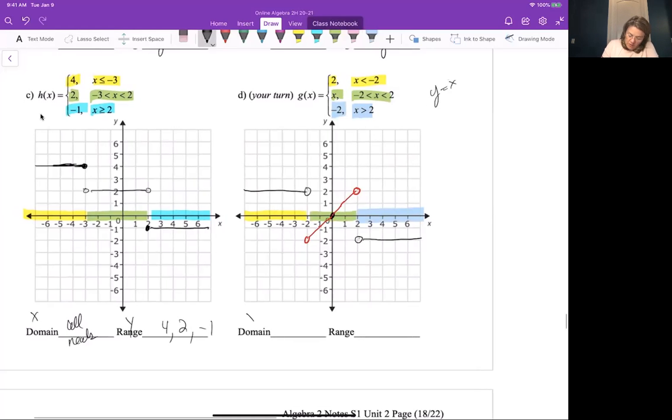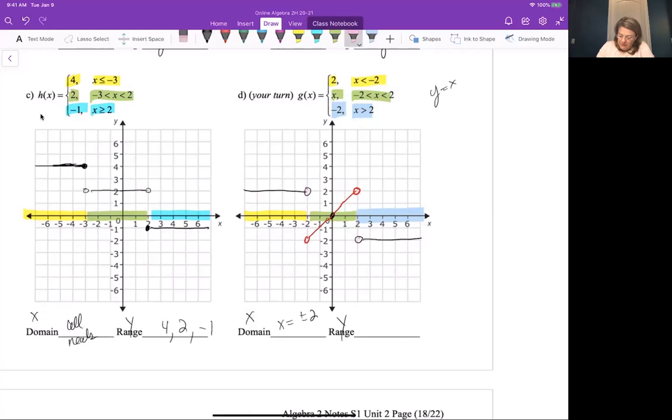Now I have to figure out what are all my x's and what are all my y's. Well, what are all the x values? Hopefully you notice I have a hole here. X cannot be either positive or -2. What are all my y values?